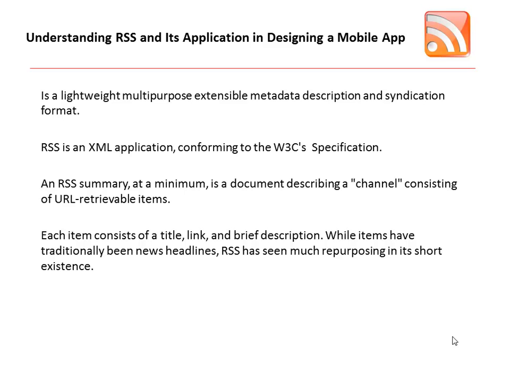At the very least, RSS is a text document that describes an informational channel, a channel that we are able to go out and retrieve information and data from a certain URL from a web server.